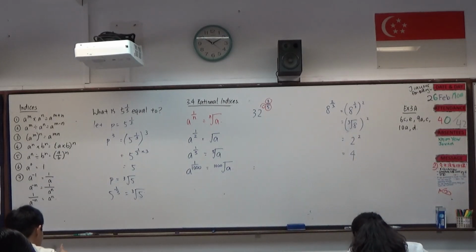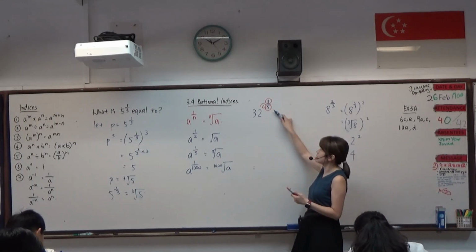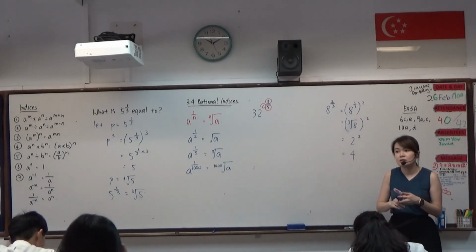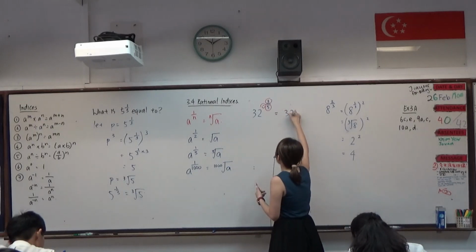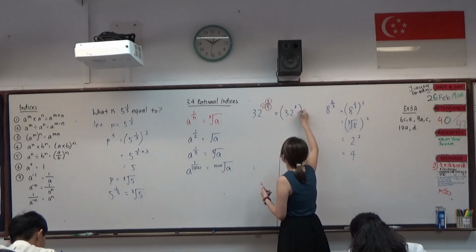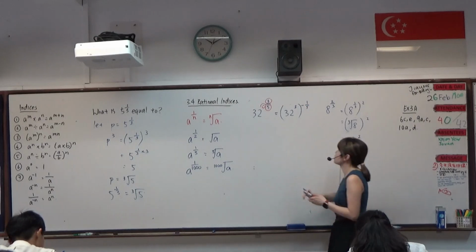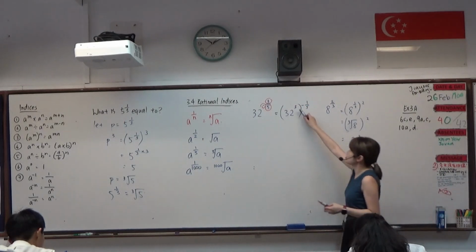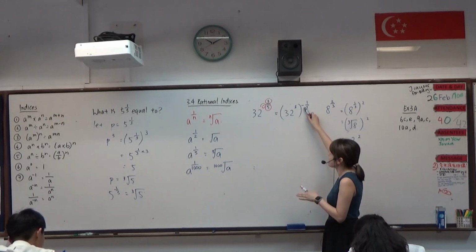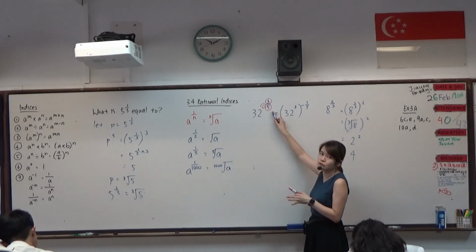Which one do you want to go first? Negative, numerator, or denominator? Numerator. If you want to do the numerator first, we deal with it this way: 3 times negative 1/5 is the same as negative 3/5.